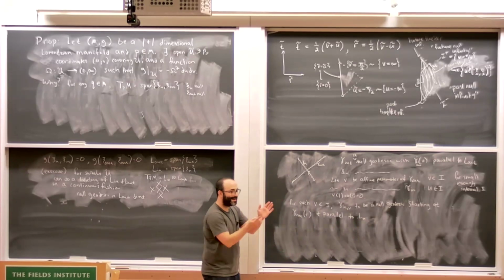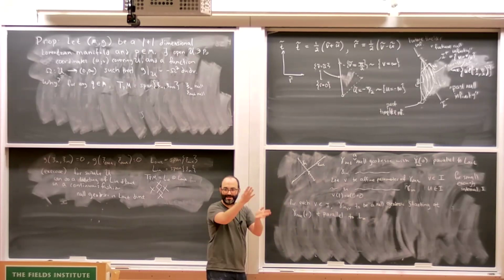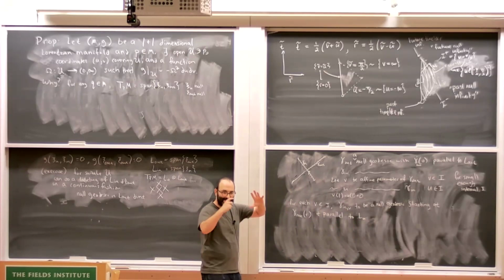So remember, at every point I have an outgoing and ingoing direction, and it's all consistent, right? Because it's all in a small neighborhood.